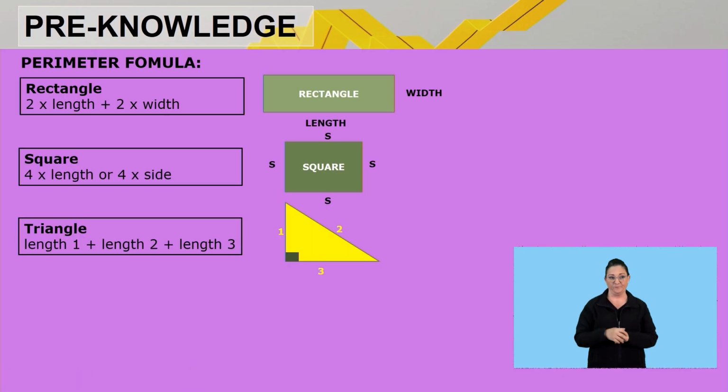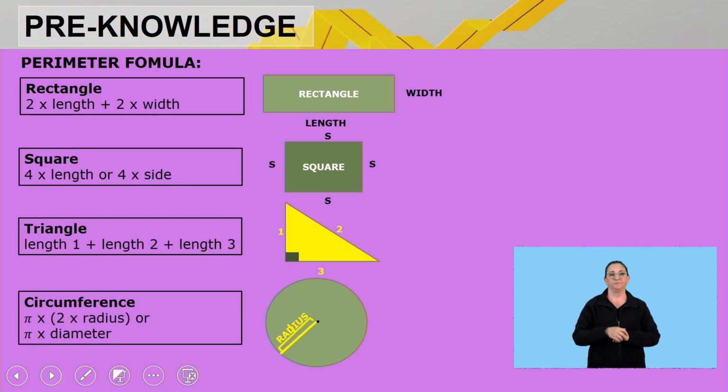When looking at the triangle, we take the length of side 1 plus the length of side 2 plus the length of side 3, so we're basically adding the sides together. And when we look at circumference, it's pi times 2 times radius, or pi times diameter. Remember, why diameter? 2 times radius gives you your diameter.